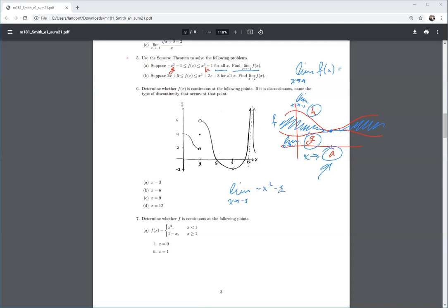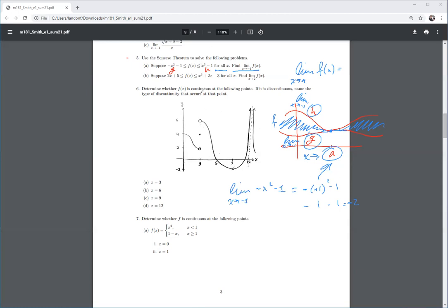So let's verify this works, or rather, just plug in -1. The negative goes away because it's a square, but then there's a minus up front. So -1, -1, -2, right?